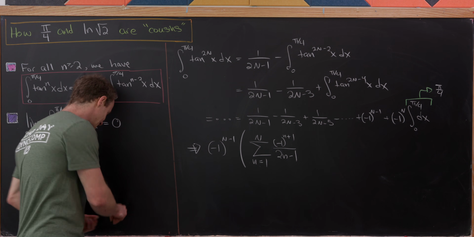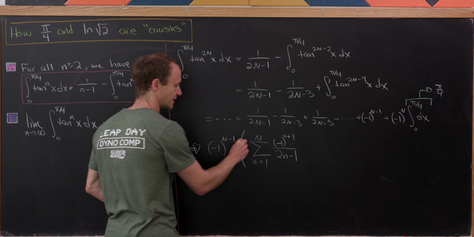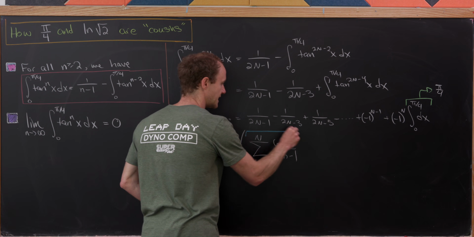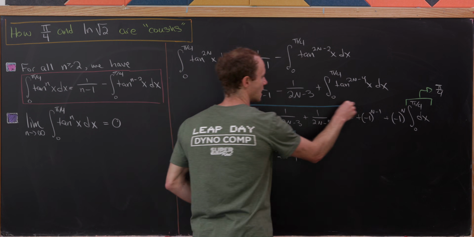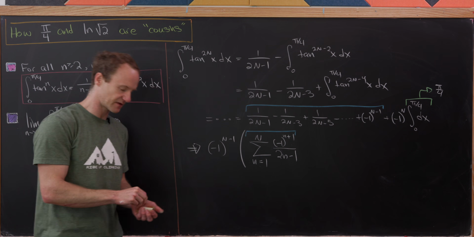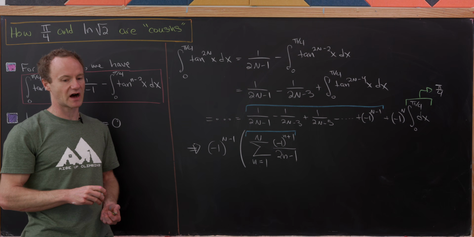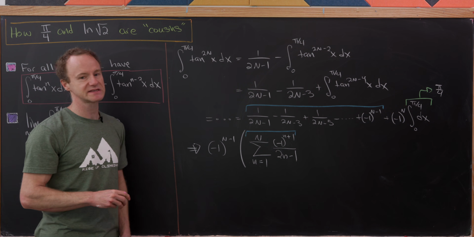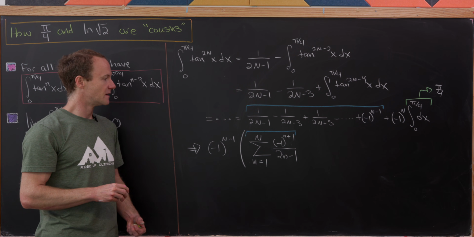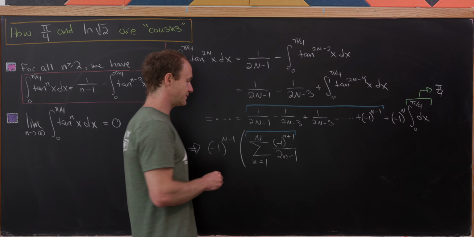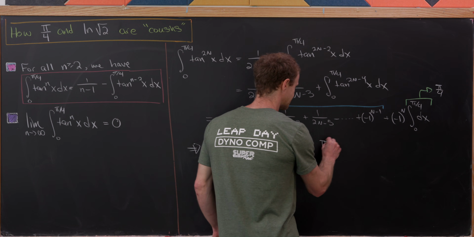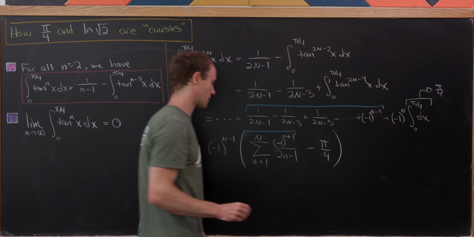So, well, what is this term capturing? Well, this term right here is capturing all of these. So notice that we've got this alternating sum of reciprocals of odd numbers that we got, well, from these tangent integrals. And then, well, this last bit will end up being minus pi over 4.